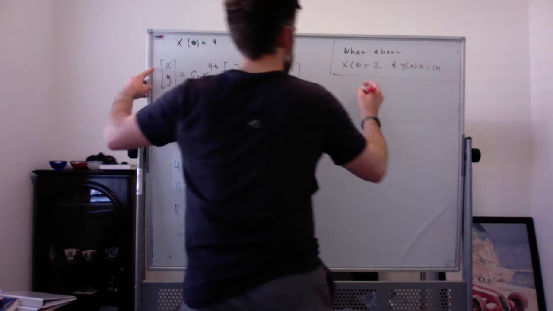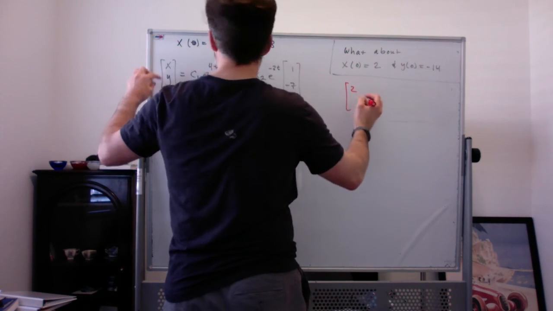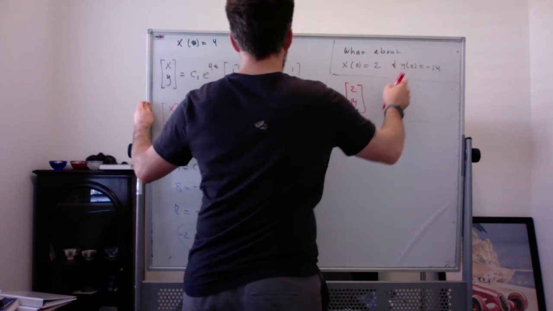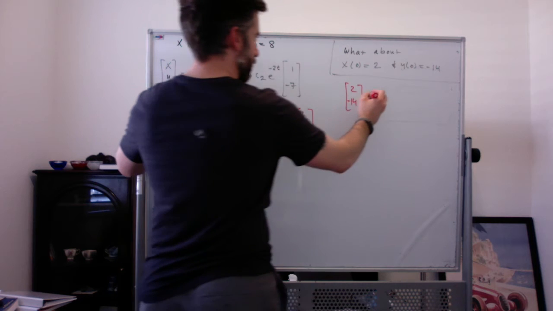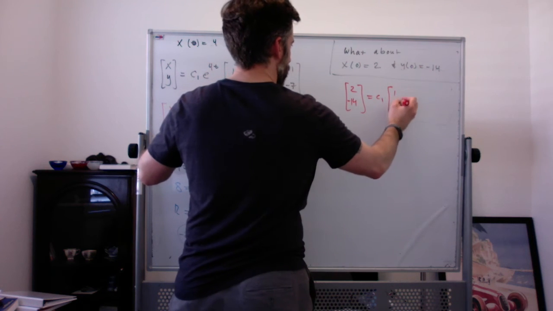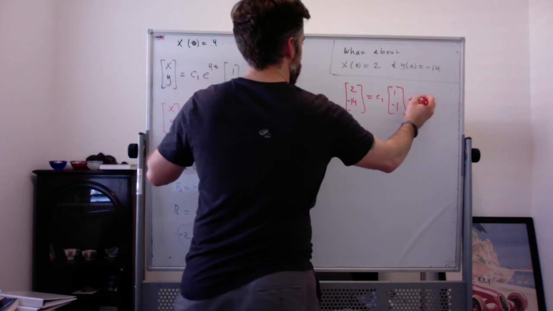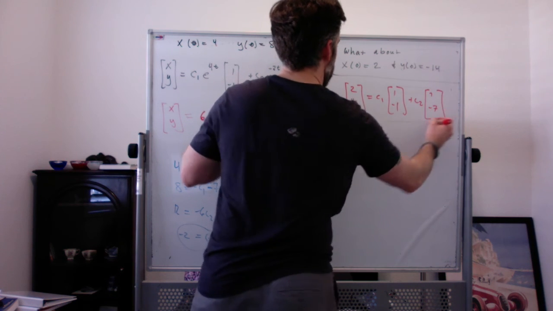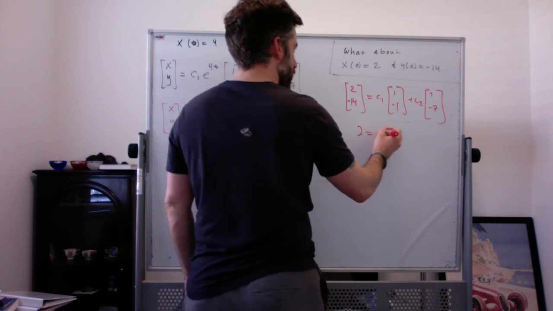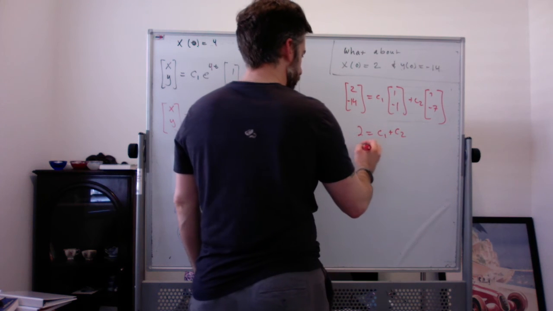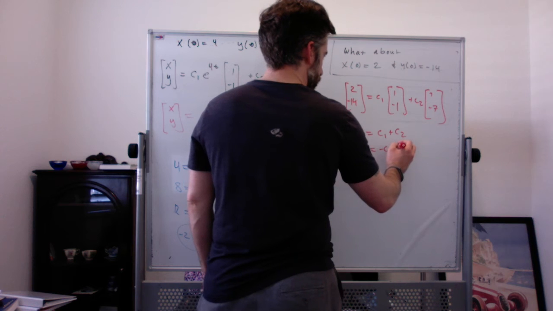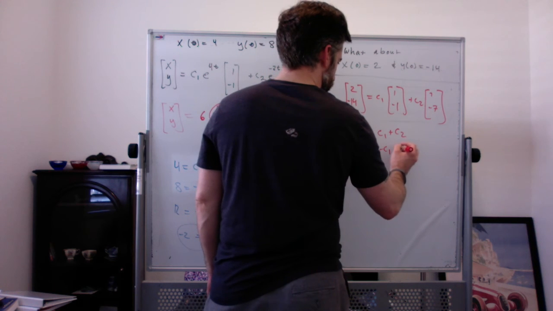If I plug in 2, negative 14, setting t equal to 0, I get the same thing. c1 times 1, negative 1 plus c2 times 1, negative 7. So I get 2 equal to c1 plus c2. I get negative 14 equal to negative c1 minus 7c2.